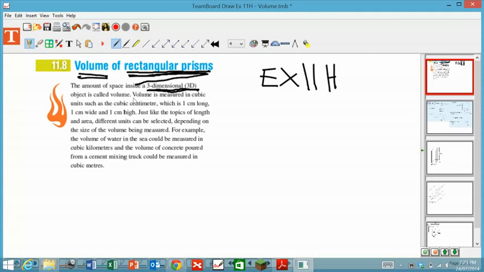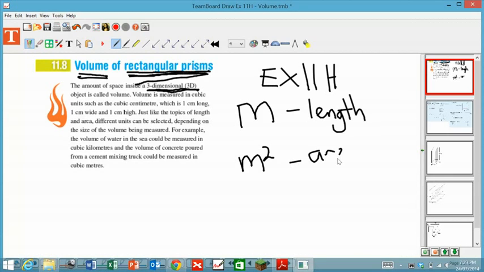Now, volume is measured in cubic units. So we've looked at things like meters and centimeters and kilometers, which is looking at a length. We have also looked at meters or centimeters or kilometers squared, which is looking at area.